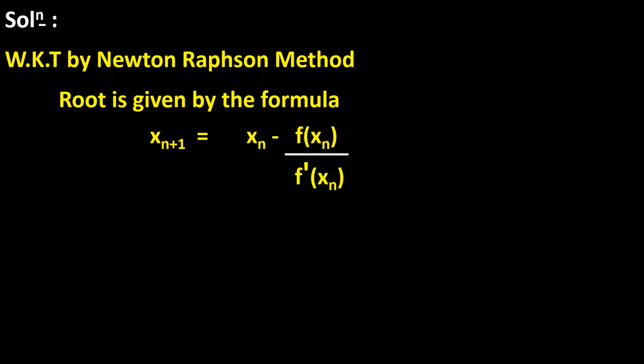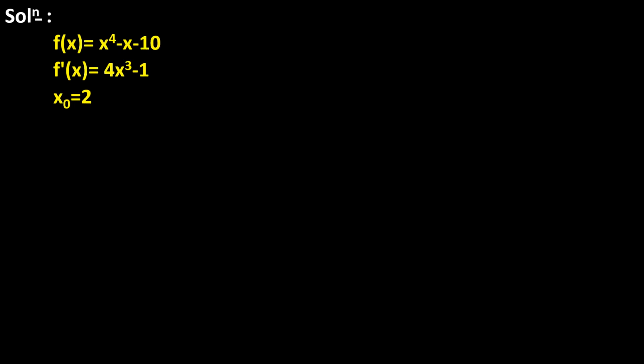Here the value of n will be 0, 1, 2, 3, 4, etc. But initially we start with the value of n is equal to 0. f of x is equal to x cube minus x minus 10 and we have found the derivative, f dash of x, and they have given the initial value and that we have considered as x naught is equal to 2.